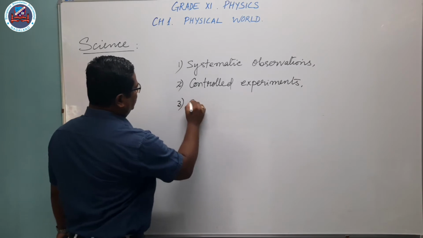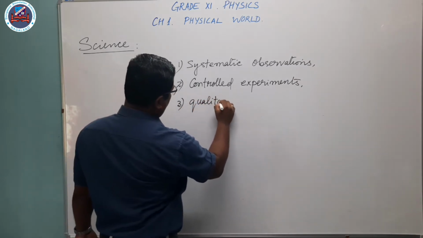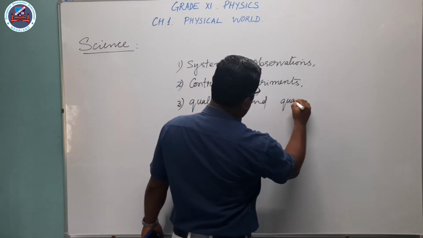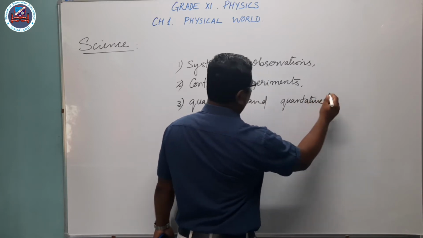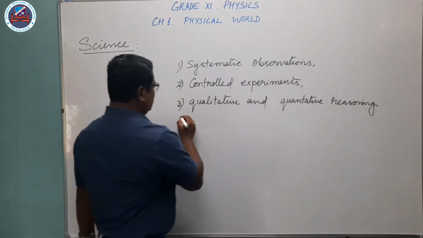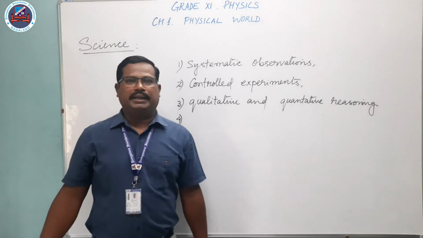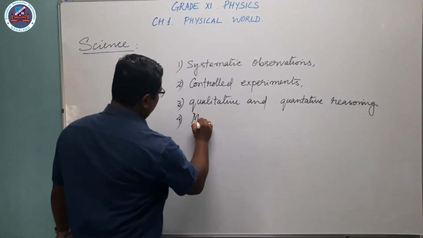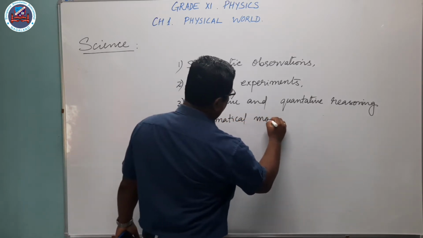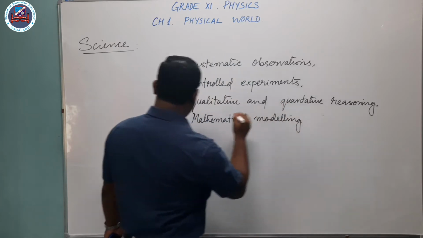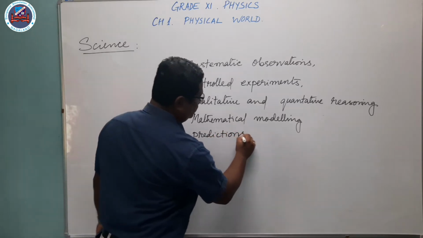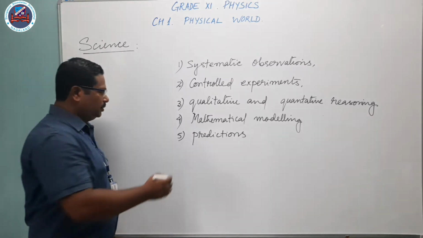Then the third one, qualitative and quantitative reasoning. Then the fourth step involves mathematical modeling, predictions, as well as verification of theories.